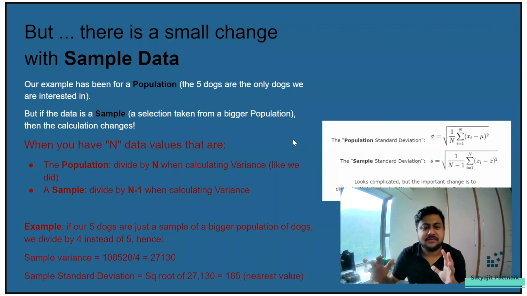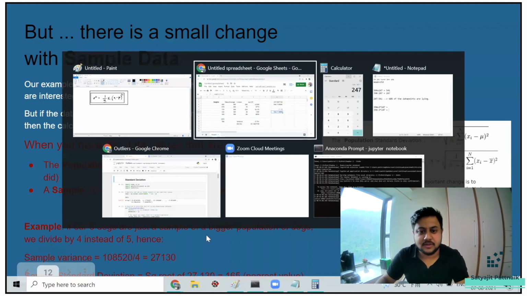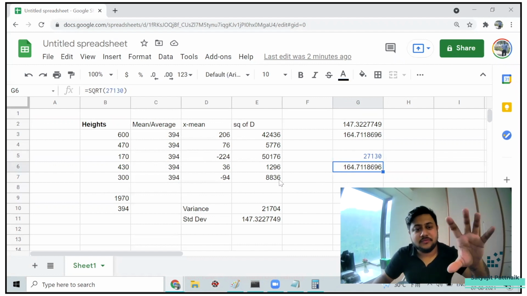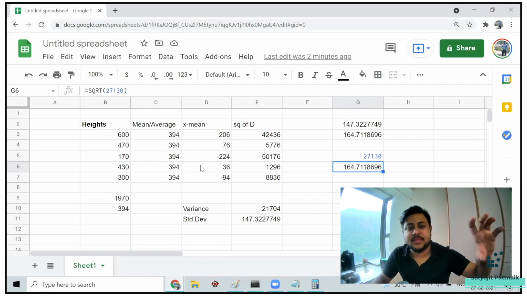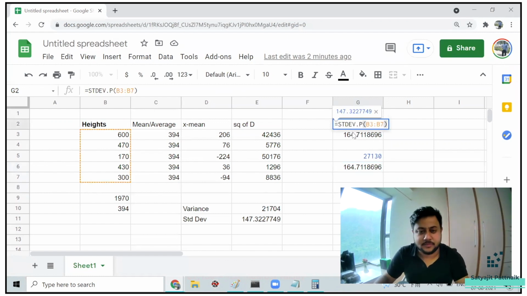In this example, instead of dividing by 5, we are just dividing by 4, which is n minus 1. Then taking the square root gives me that 164, which is the standard deviation of the sample. So if this is sample data, the standard deviation is 164. If this is population data, the standard deviation is 147.